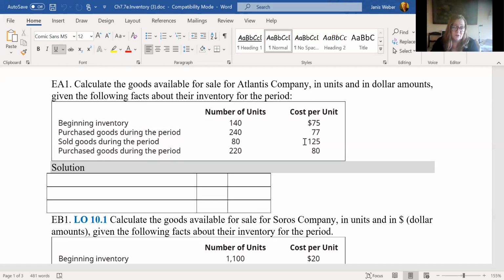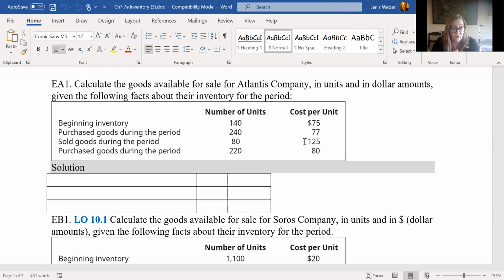But if you didn't have those numbers, if somehow some of the pieces were missing in your records, you could come up with how much goods available are by looking at the cost of goods sold this period and the ending inventory. Because goods available is the summary of beginning plus purchases. Goods available is just, here's all I have that I can sell.